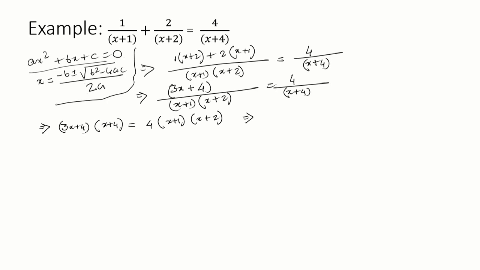Now if we multiply the first two terms, we get 3x squared plus 12x plus 4x plus 16 equals 4x squared plus 8x plus 4x plus 8, right?